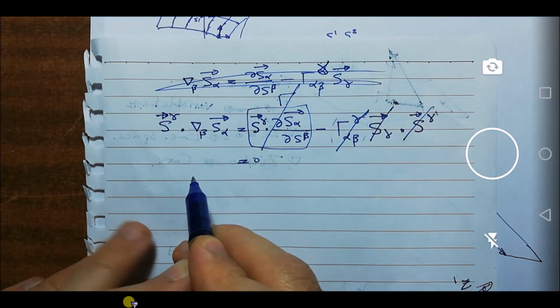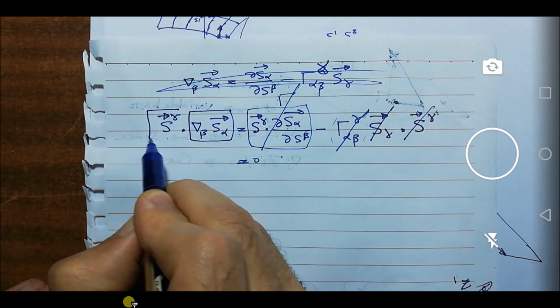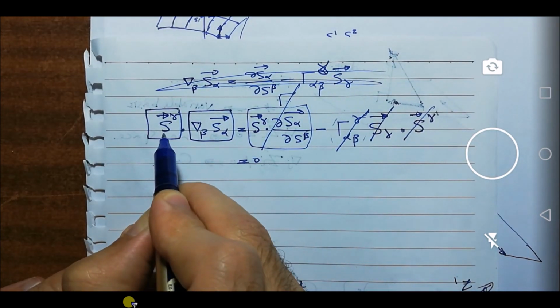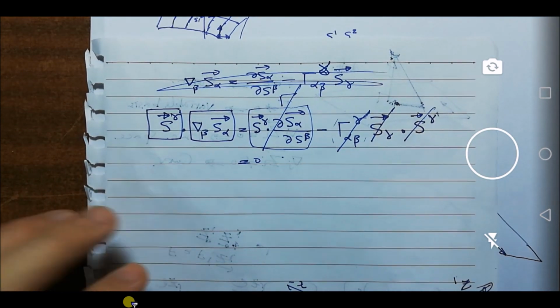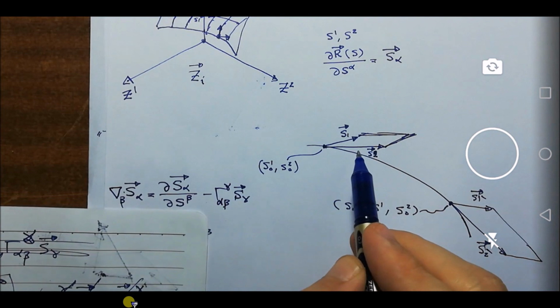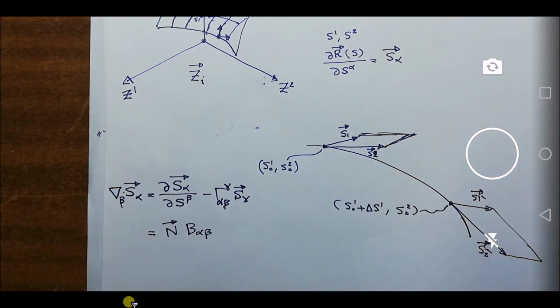And what this actually means is that this vector is orthogonal to this. Remember, this is the contravariant basis, which spans the same plane. The covariant and the contravariant bases both span the same plane.